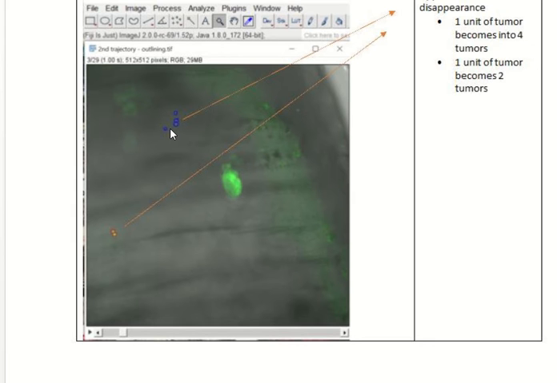There are two different scopes that are much faster, so that instead of taking pictures every few minutes, you can take pictures every 2 seconds, every 10 seconds. I will send you the names.